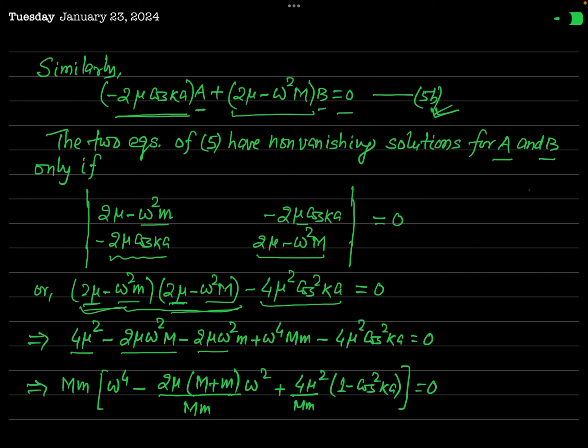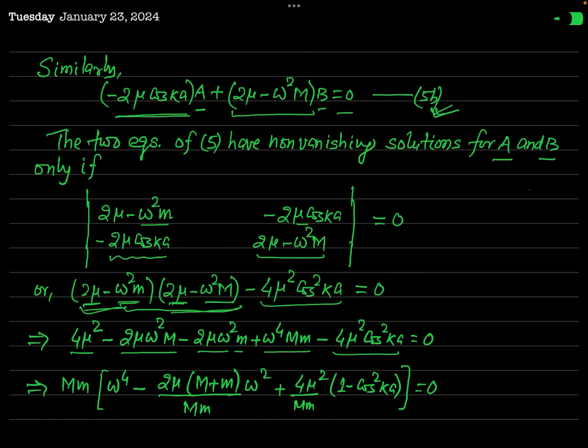This will be minus 2 mu omega square small m. And finally minus omega square small m times minus omega square capital M. That will be omega 4 M times m. Okay. And the last term is, as you can see, and this will be equal to 0.